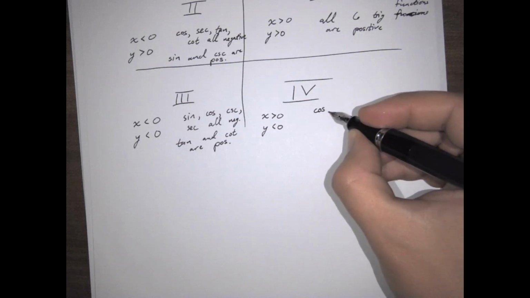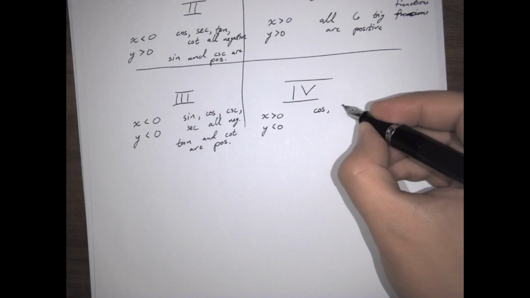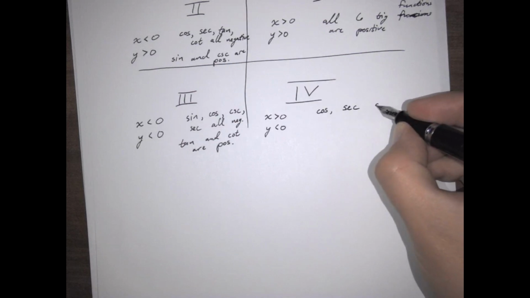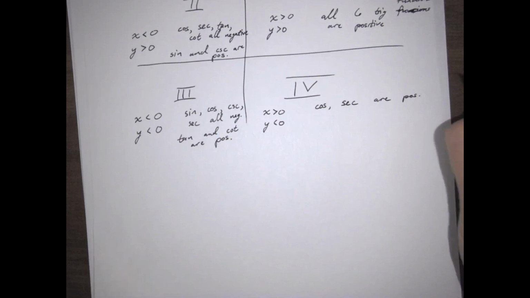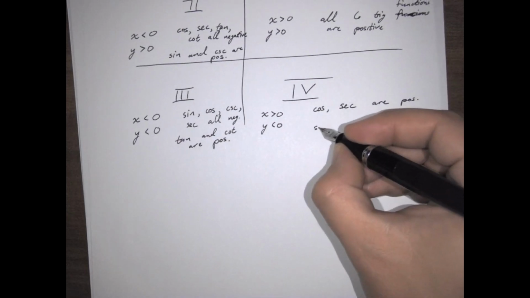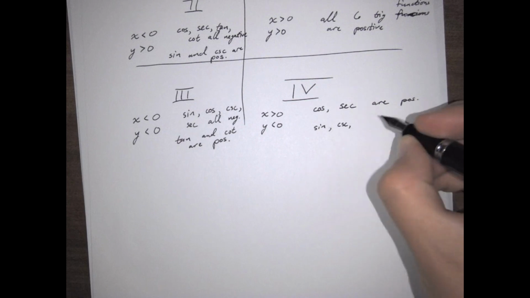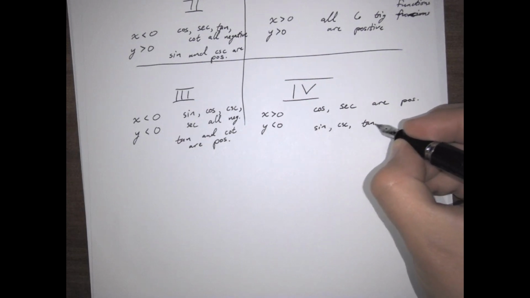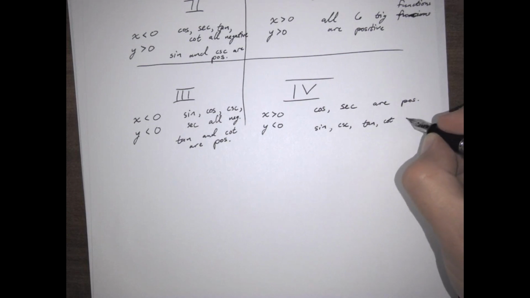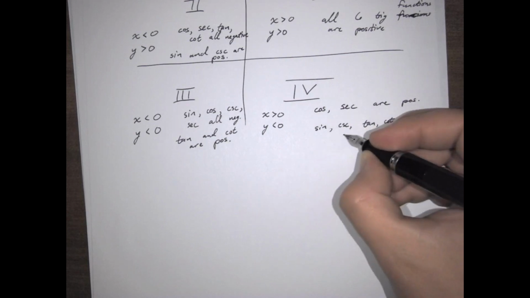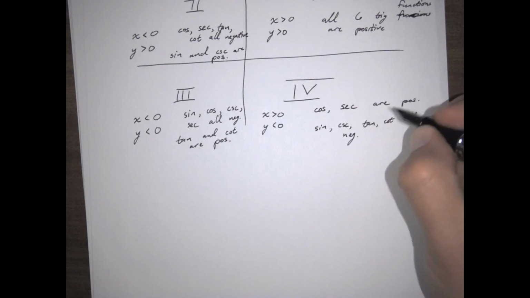Cosine and secant are positive. Sine, cosecant, tangent, cotangent, all are negative.